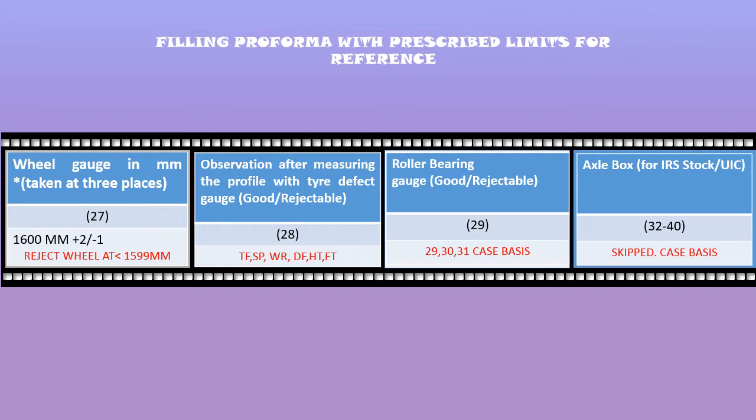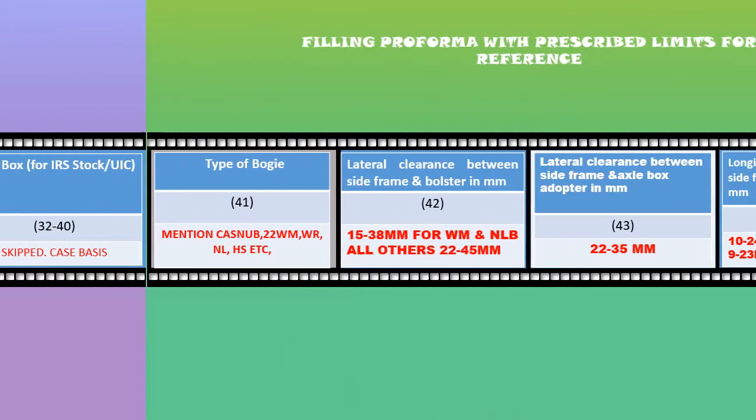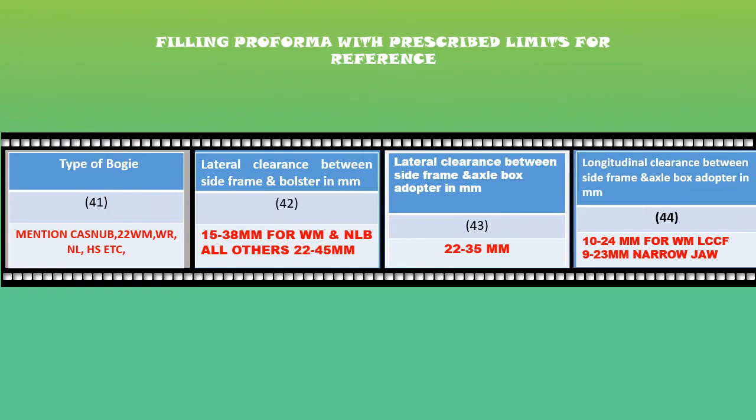Next column we move on to 41, which is the type of bogie. The type of bogie is always very important to mention, CASNUB.